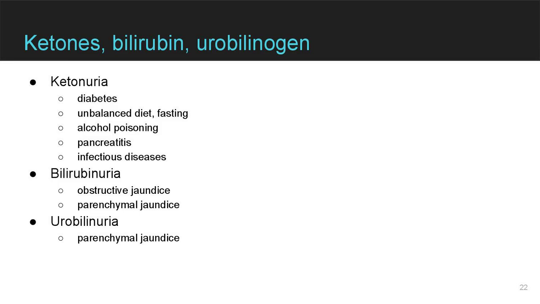The next situation is an unbalanced diet or fasting. That means that in case of deficit of food, our brain should activate production of energy. But without glucose, the source of energy, the source of ATP, we activate production of free fatty acids, and after that ketone bodies. Alcohol poisoning has two reasons.